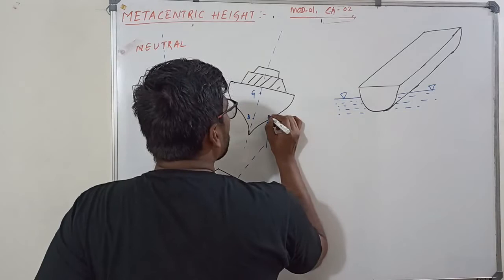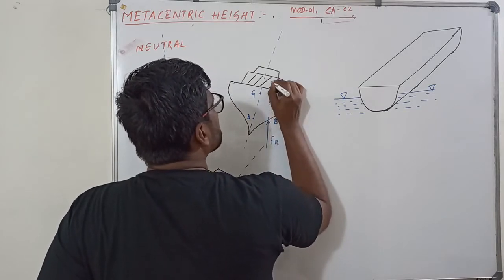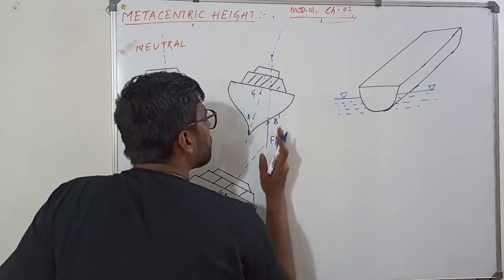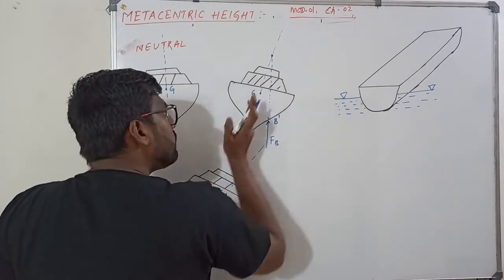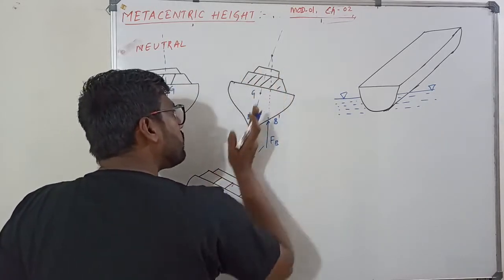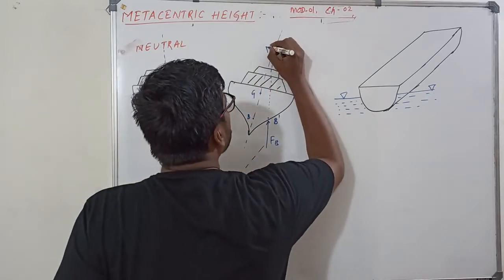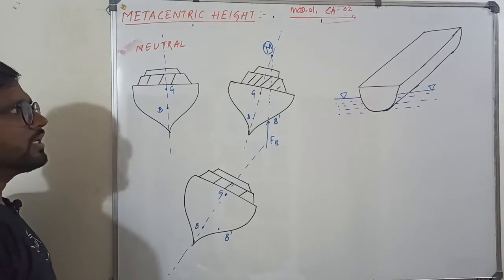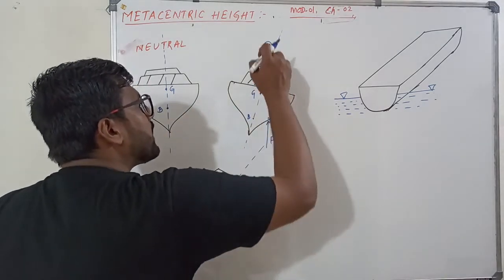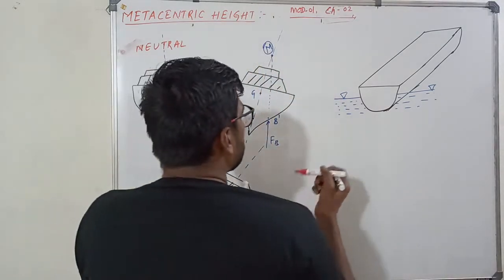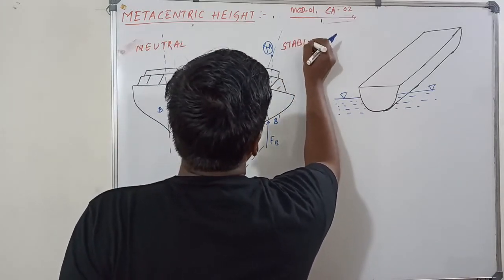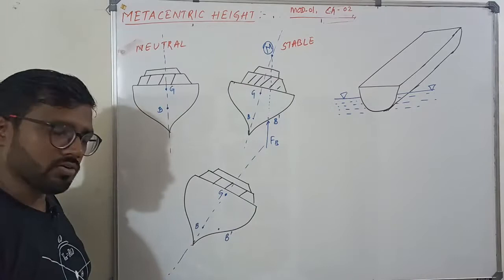If I join this, the line of action of the buoyancy force will meet the centroidal axis, and that point we call the metacenter. In this case, the metacenter is above G, so there will be a restoring couple. Hence, which equilibrium is this? Sir, this is stable equilibrium.